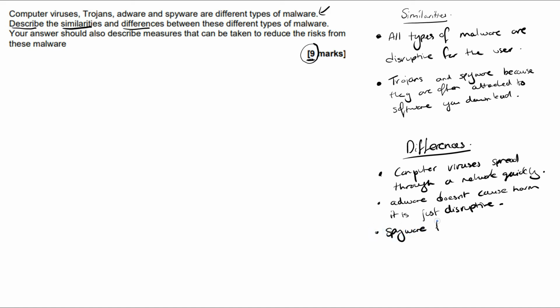Spyware tracks your movements on the computer. The others don't.